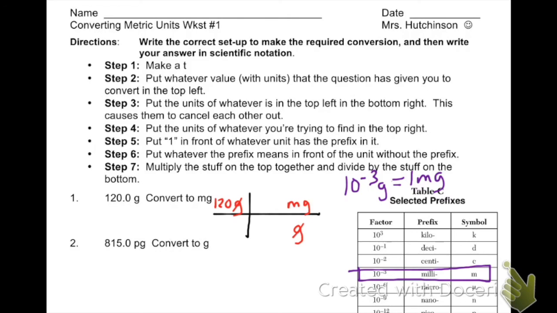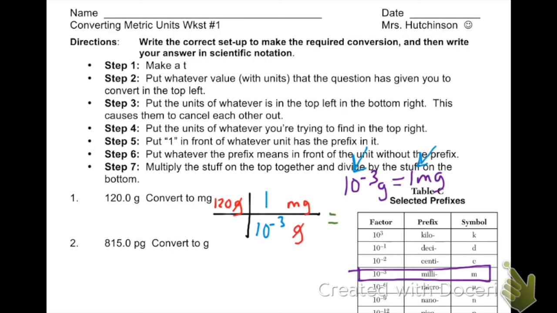Taking a look at our conversion factors themselves. So we have a 1 in front of milligrams, so we're going to place a 1 in front of milligrams in our T-chart. We're going to place 10 to the negative 3 in front of grams because that's what's in our conversion factor. We're going to multiply straight across.